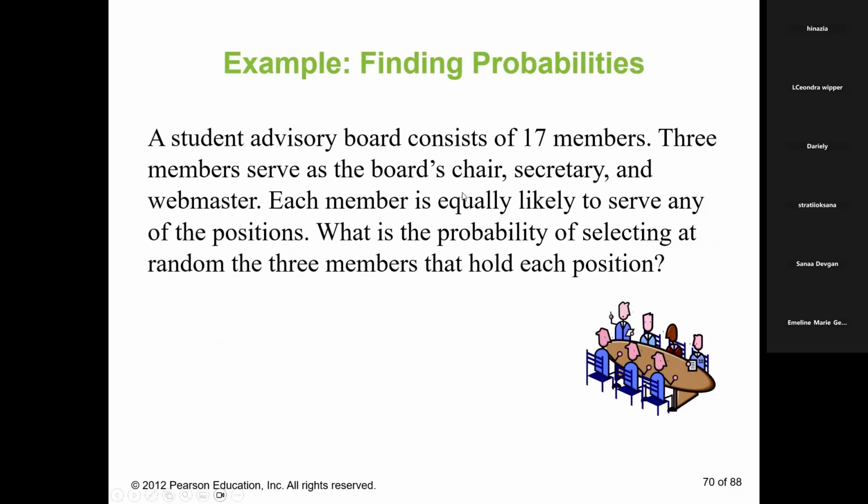Because there is order. Board chair, that's the first guy. Secretary, that's the second guy. And the third guy is webmaster. Is this clear? So here you use permutation.